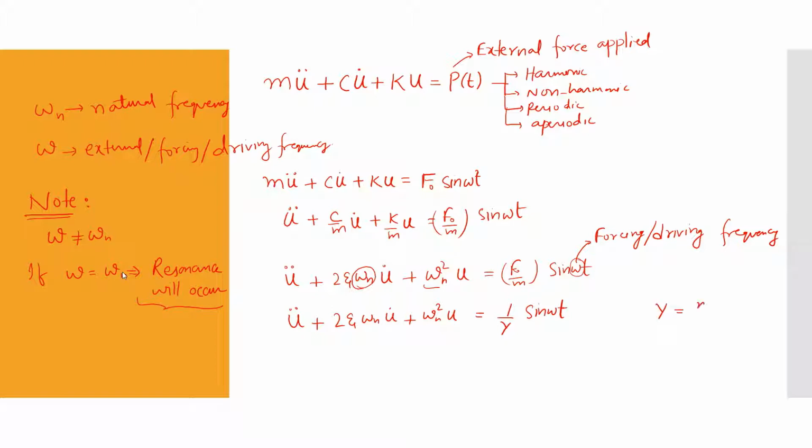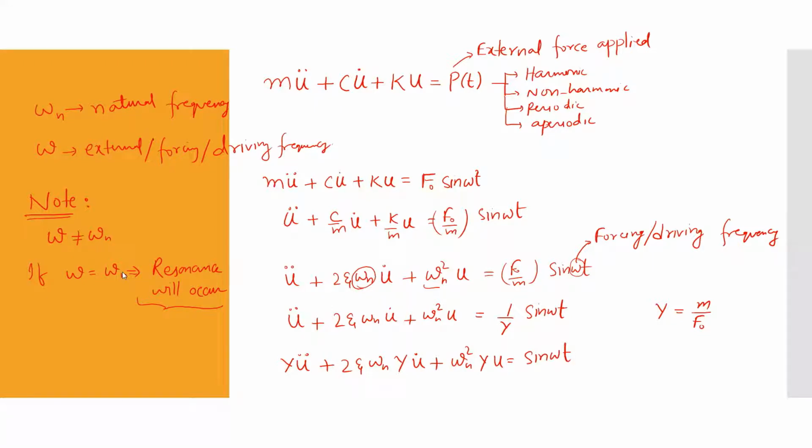We are writing y as m by f naught. If you write 1 upon m by f naught, then it will again give f naught by m. So we have written it in this manner: y of u double dot plus 2 xi omega n y of u dot plus omega n square y of u equals sine of omega t.